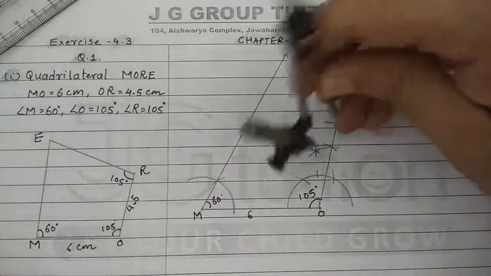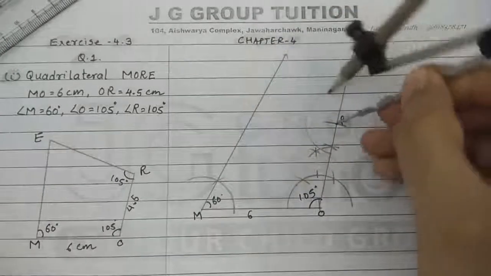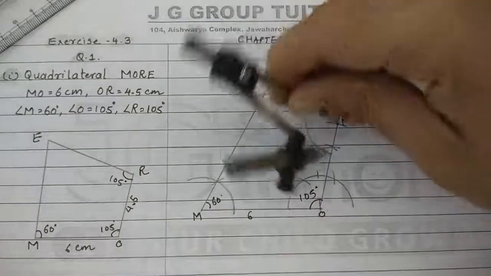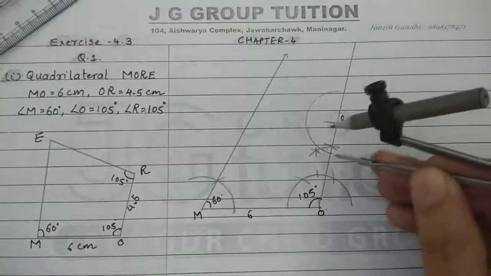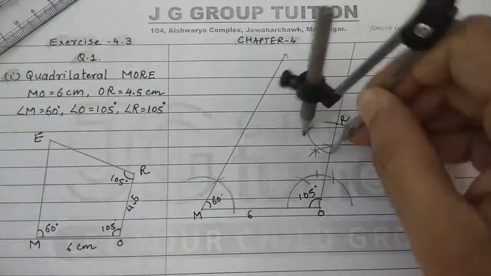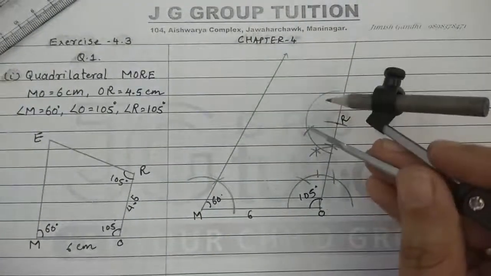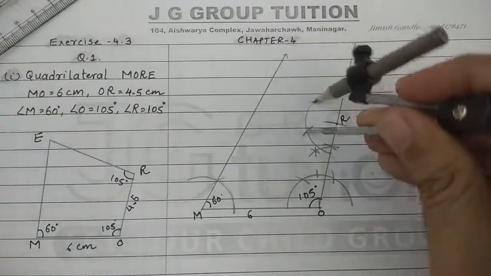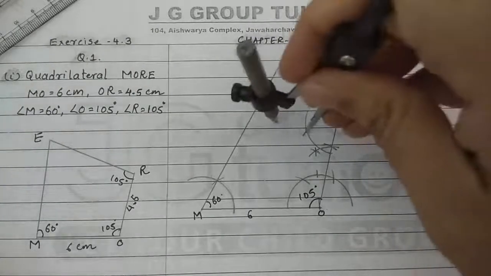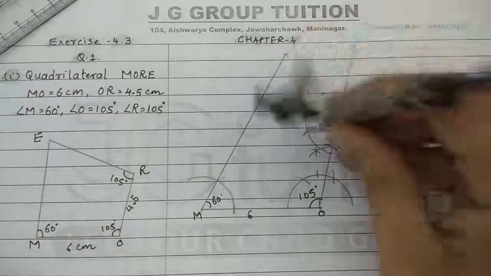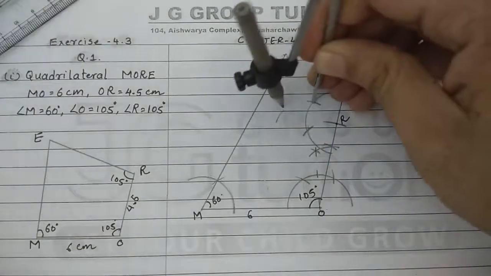From point R we should draw an arc, again of any radius. From this point, this is 60 degree, and from 60 degree one more arc, that is 120. From 60 we draw an arc upward, and from 60 we draw 120.